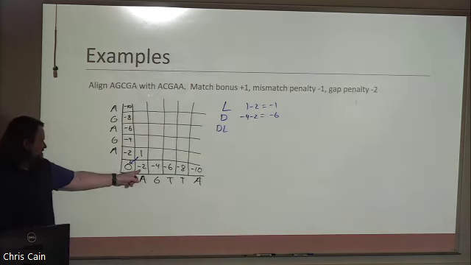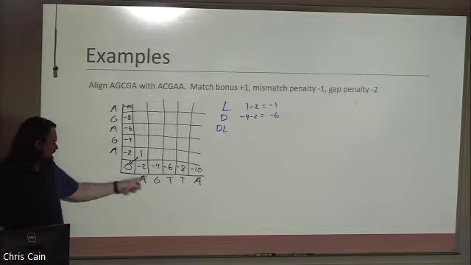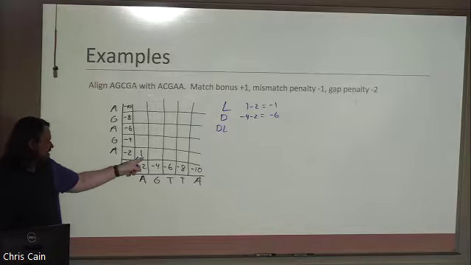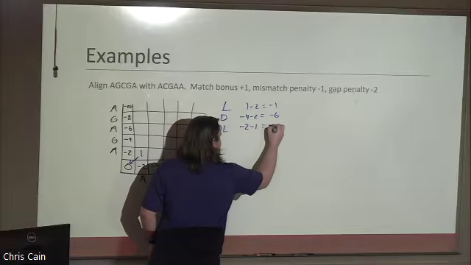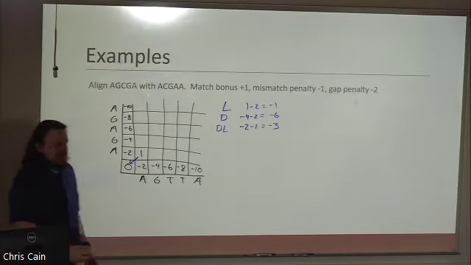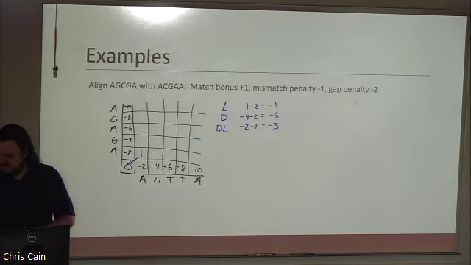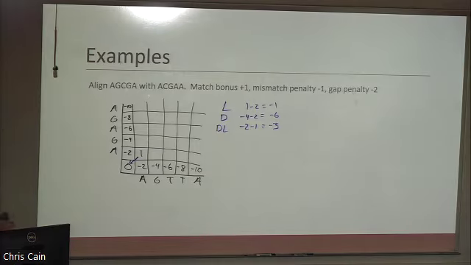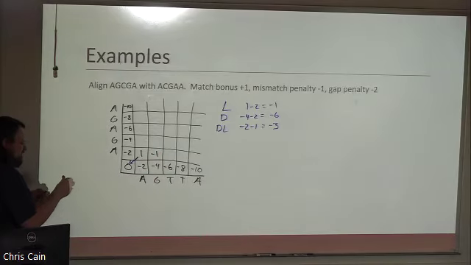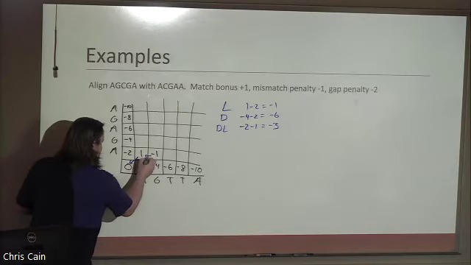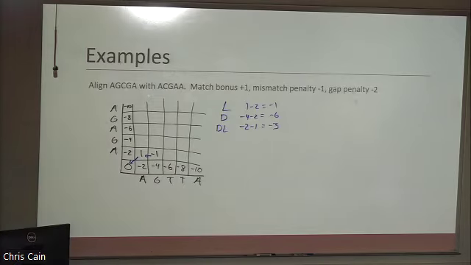From down left, we look at whether we have a match or a mismatch. A mismatch is G, so we're going to take the down left and subtract 1. Taking the maximum there, we get -1, and that comes from the left.